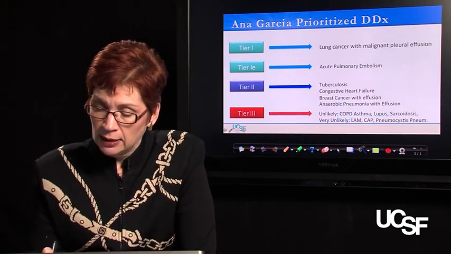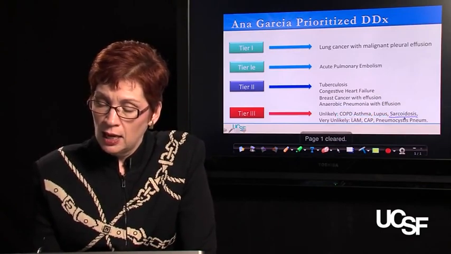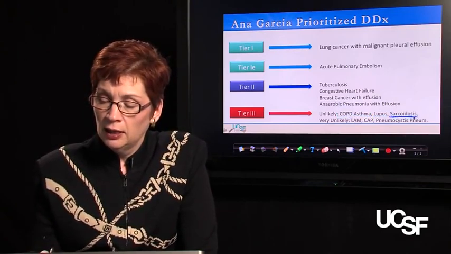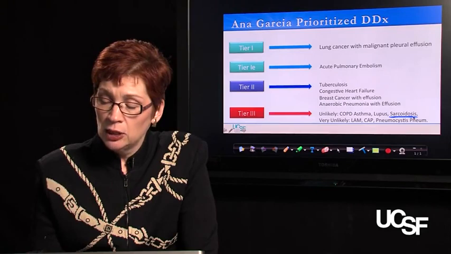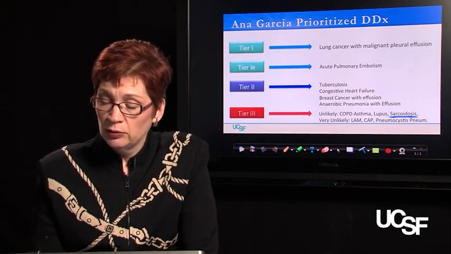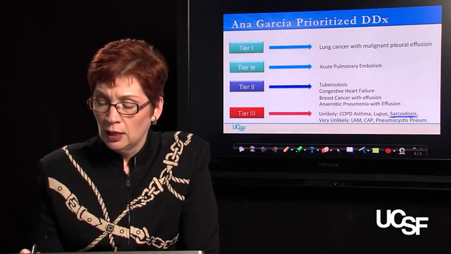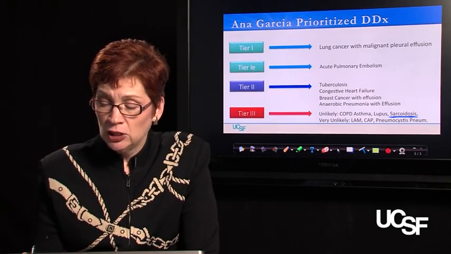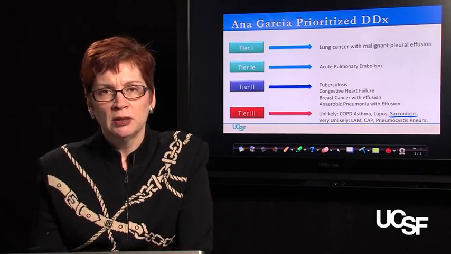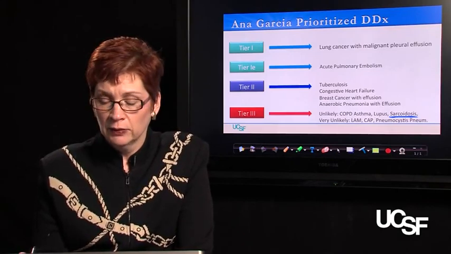Sarcoidosis, again, considered perhaps because she is a woman of color in the middle age range, and she has shortness of breath. But large pleural effusions in sarcoidosis are very unusual. So can't really explain that. And she has no other manifestations of joint or skin problems that you often see with sarcoid.